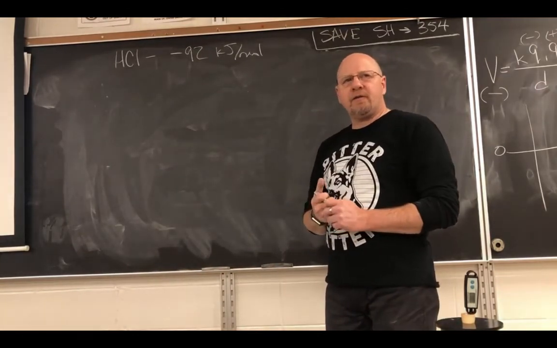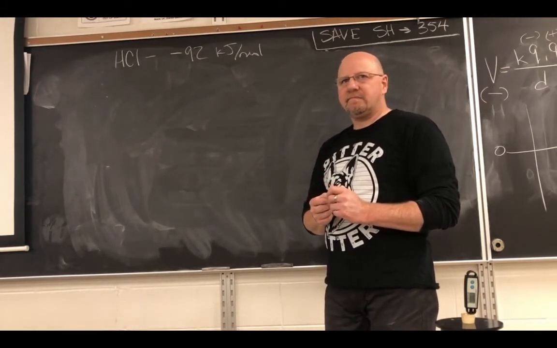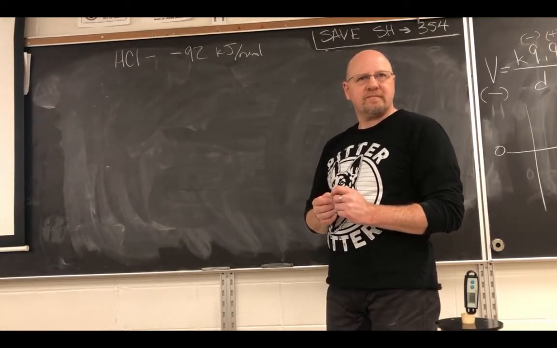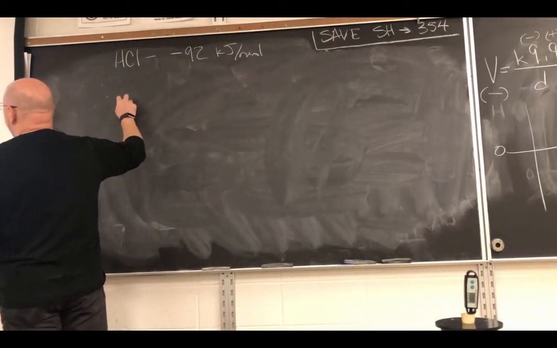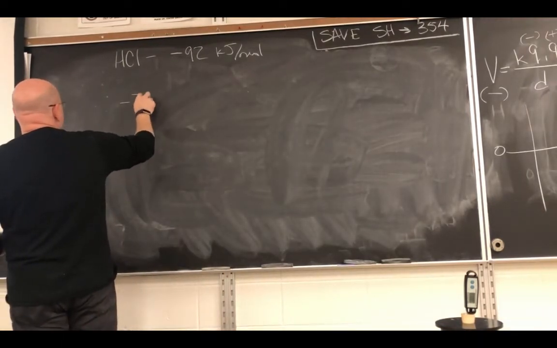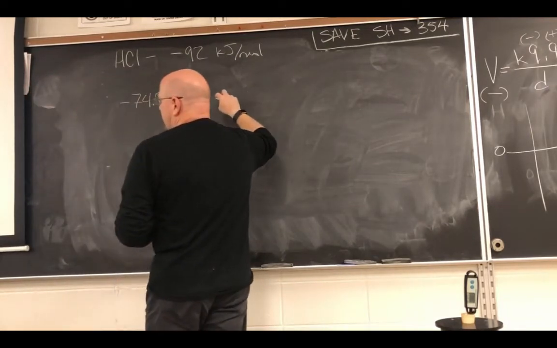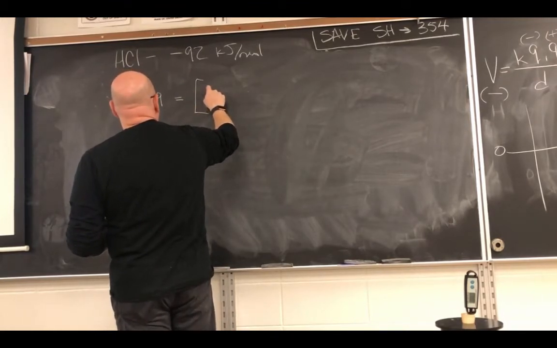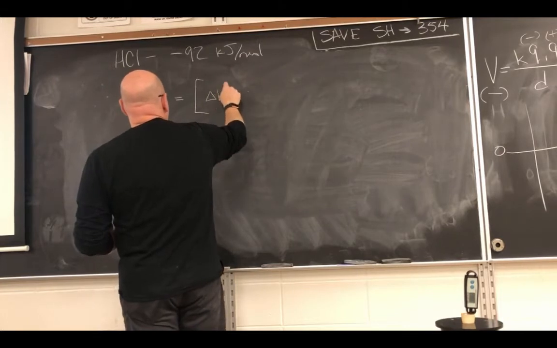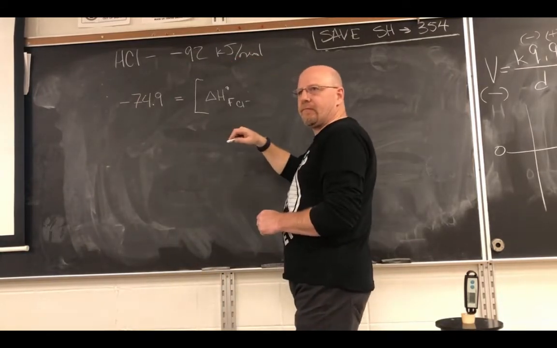Can somebody tell me how to set it up? Dylan? So would you go negative 74.9 is equal to the sum of your products? So what would be the chloride, whatever that number would be? You don't know.